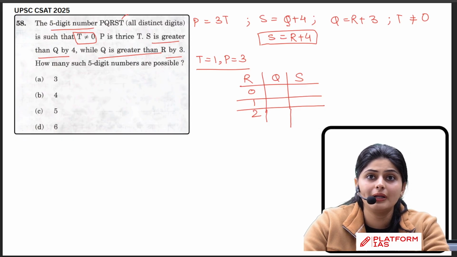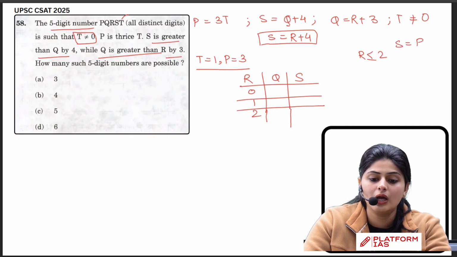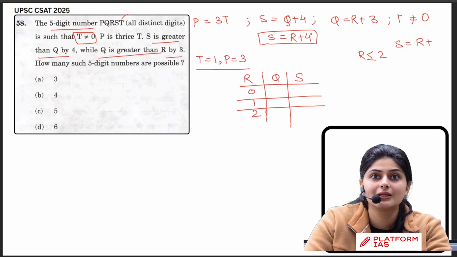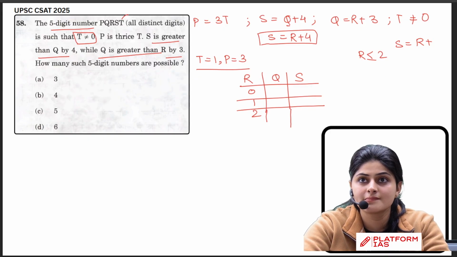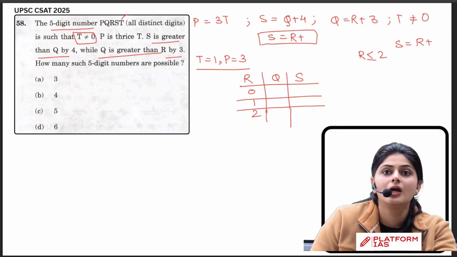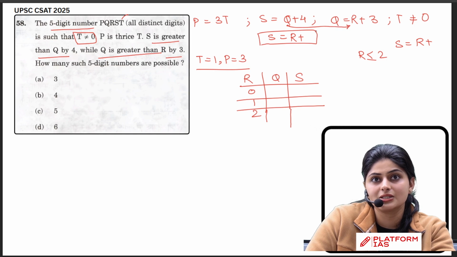Why will R be less than or equal to 2? Because S is equal to R plus 7. It was my bad, it is Q plus 4. When we substitute the value of Q as R plus 3, we will get R plus 7 and not R plus 4.